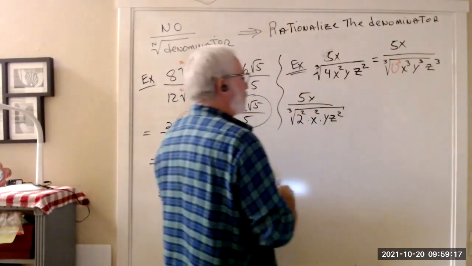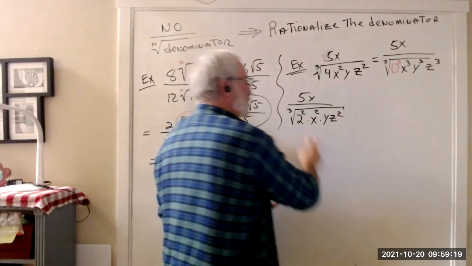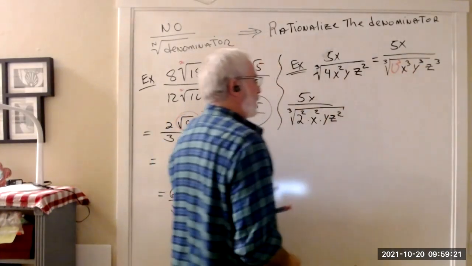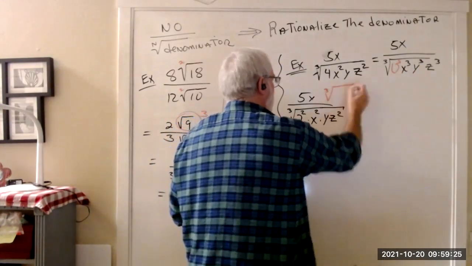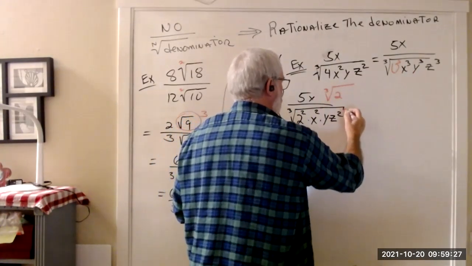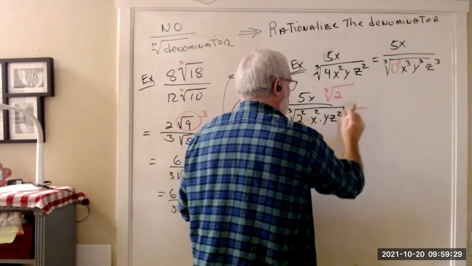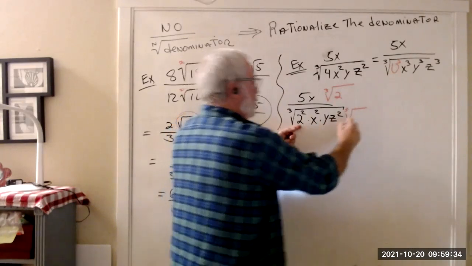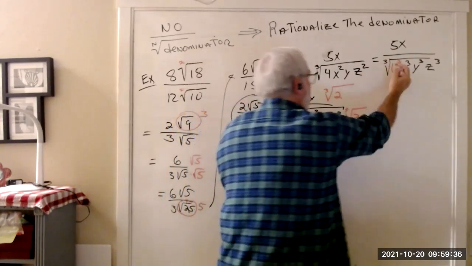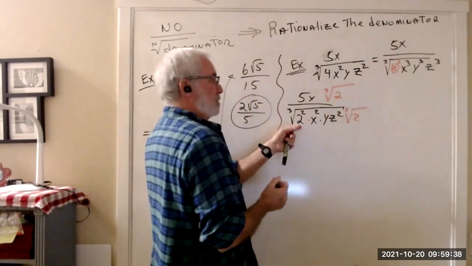What do I need to multiply by this to make it kind of look like this? So I need to multiply top and bottom by a 2. Oops, this is cube root. Because I have 2, so I need one more to get 3 of them.